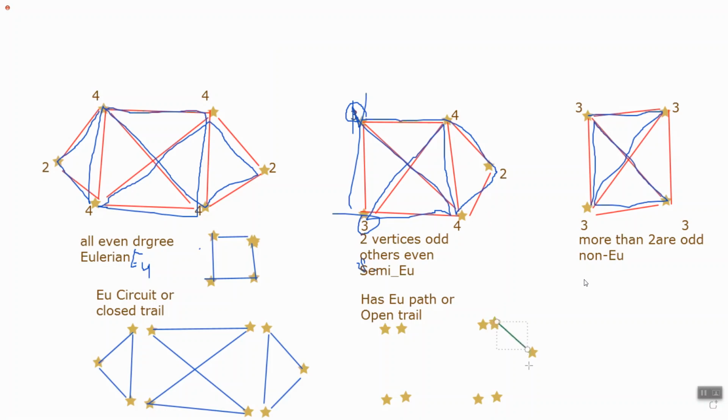Here you get this side triangle, that is fine, and this side triangle. Here we have a single edge. The degree 4 vertex reduces to 2. I break this one, it's a cycle, the middle part is a cycle, and here a single edge remains. Therefore, this is not Eulerian, but this is semi-Eulerian. Here only one edge remains.